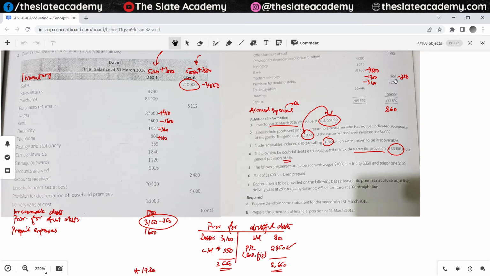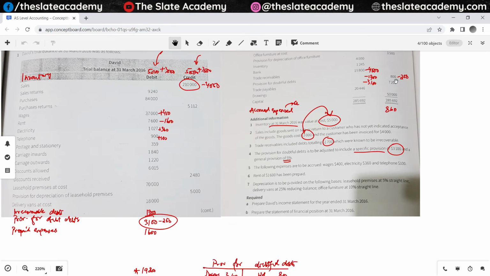Okay. Let me also move this T account downwards. And in the end, it says that depreciation is to be provided on the following basis. We have already discussed the chapter of depreciation or not yet? Not yet. Okay, for this question, I'll just tell you.